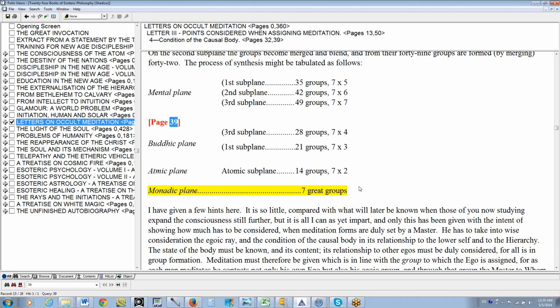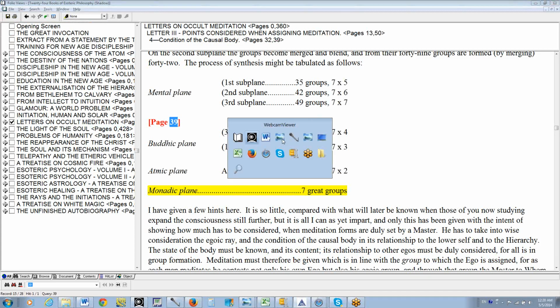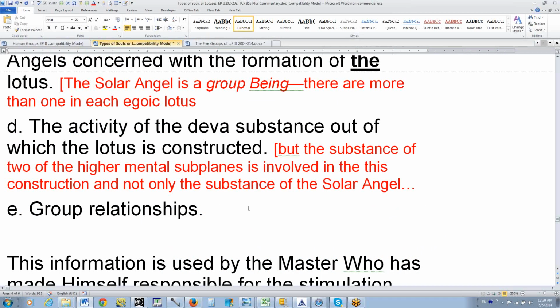Those are not given here. I hope that's somewhat clear. It has to do with our destiny, and where we as jivas, or we as monads in extension, will be focused at various times of our development, even after the destruction of the causal body.